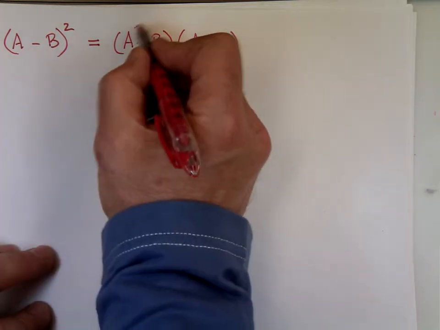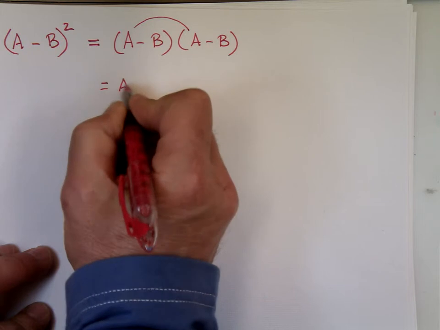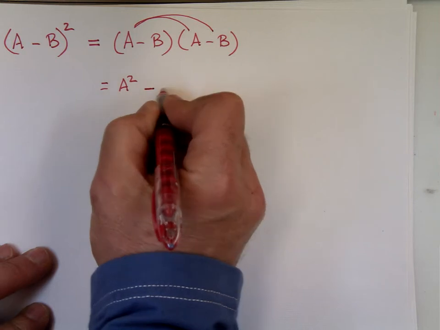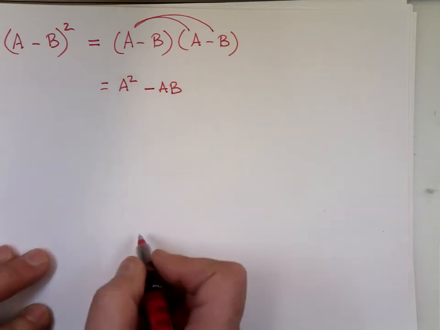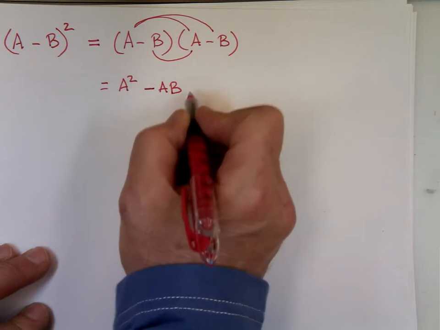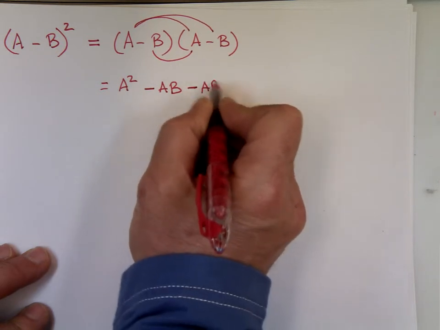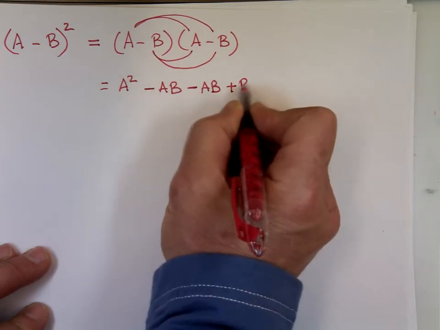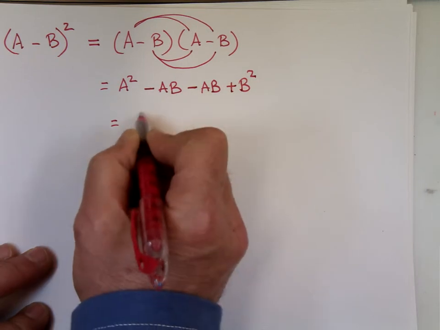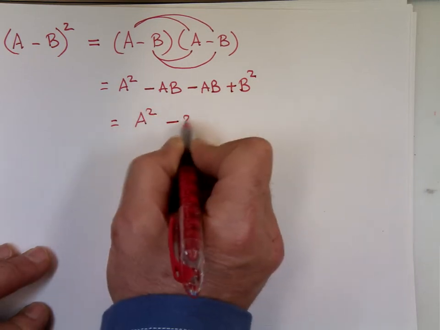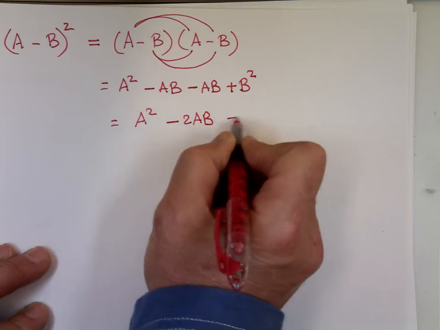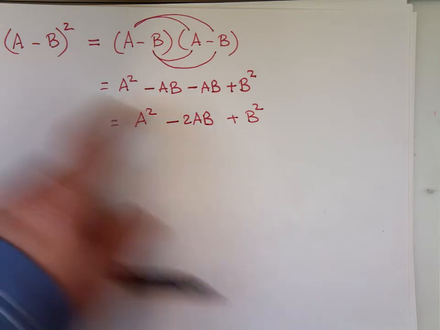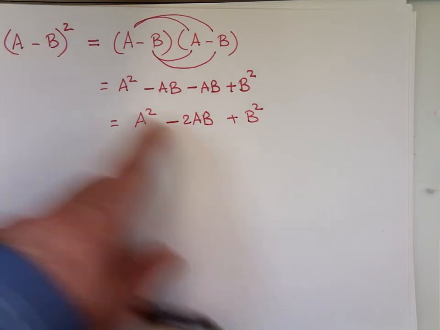What's a times a? A squared. What is a times a negative b? Negative ab, right? What's negative b times a? Negative ab. What's a negative b times a negative b? Positive b squared. So what do you have? A squared minus 2ab plus b squared. The same as the other one, with the exception this sign is negative when this is negative, and positive when that one is positive.